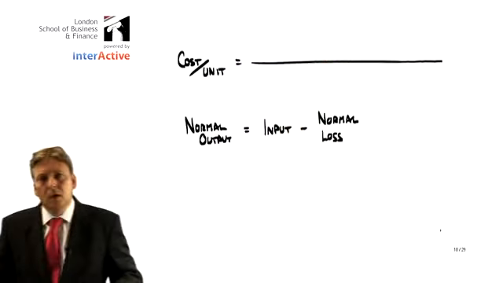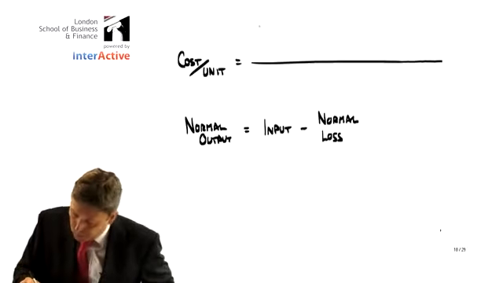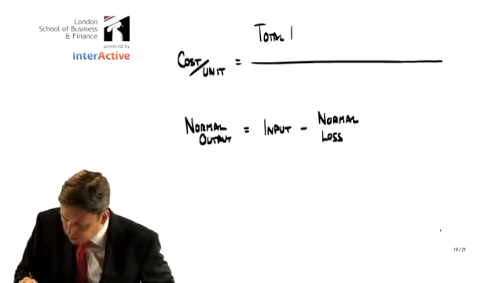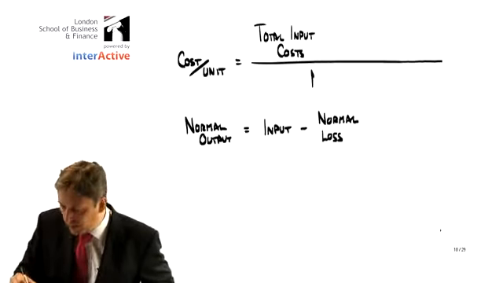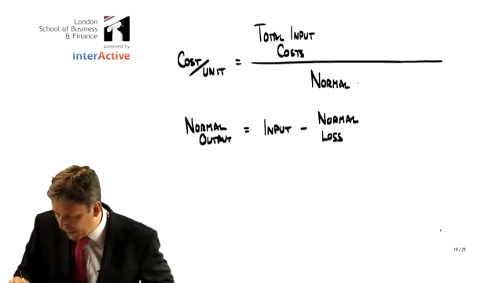So how are we going to deal with this? Well, the first thing I would like to point out is that the inputs and outputs in unit terms do not change. So if you wish, I've left them as they were before. But when we come to calculate the cost per unit, we now have to revise our formulae. Before, the cost per unit was where we took the total input costs and divided through by the normal output.